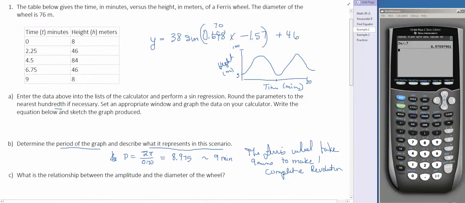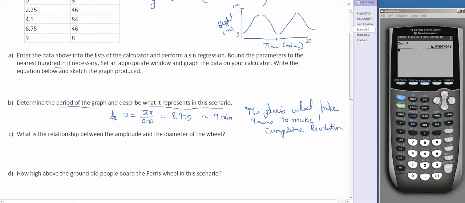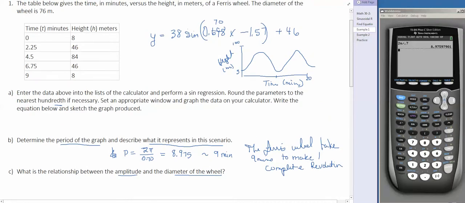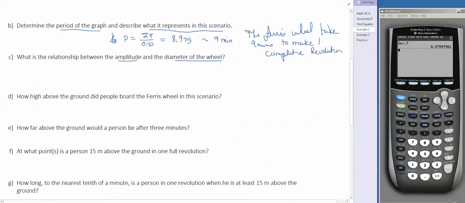And now let's go to question B. What is the relationship between the amplitude and the diameter of the Ferris wheel? So in our equation, I'll just scroll back up. Our equation has an amplitude of 38. Remember that the height is measured in meters, so that's an amplitude of 38 meters.